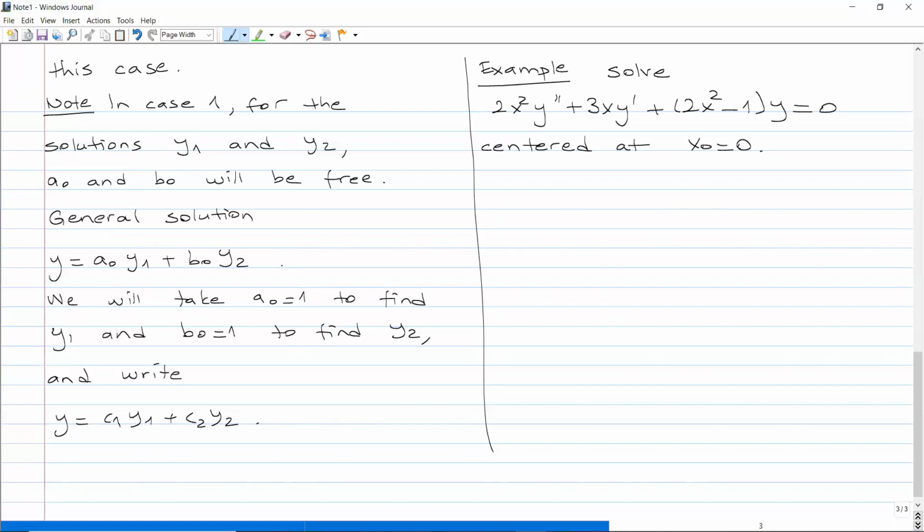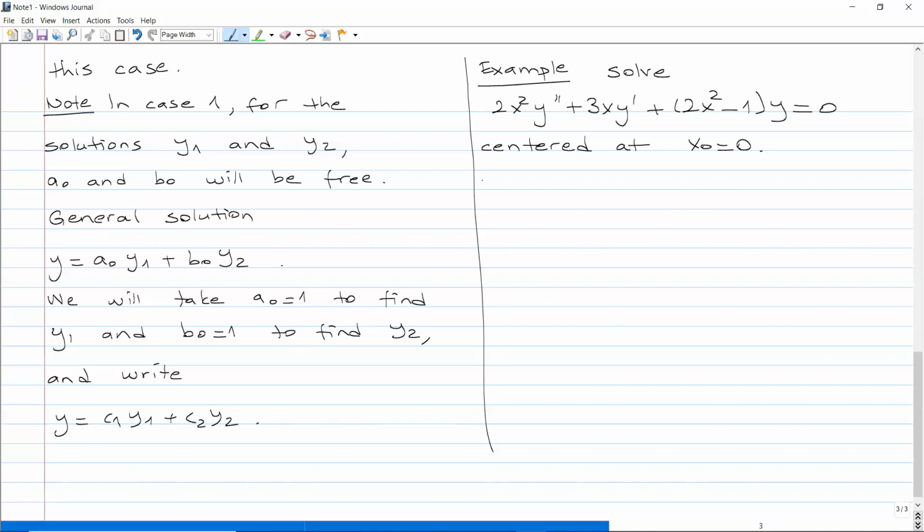We try to use this discussion to find first solutions of the Cauchy-Euler equation, and then to find solutions y1 and y2. We are going to do this around the point 0.